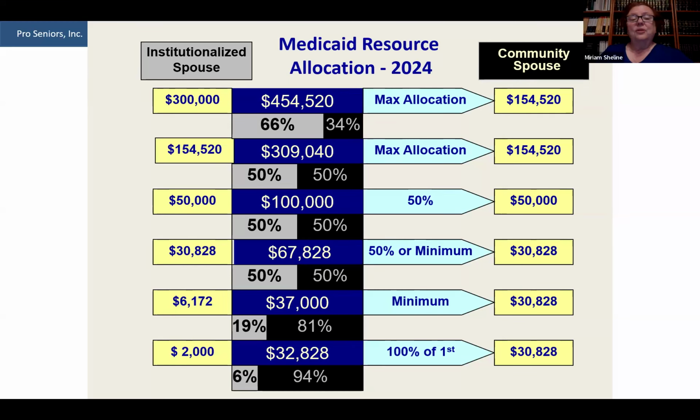So if you have interest accruals, et cetera, that increases the IS's part, that still has to be spent down. So basically, to qualify, it is going to be the CSRA plus $2,000, and that CSRA is calculated as of the first date of institutionalization.